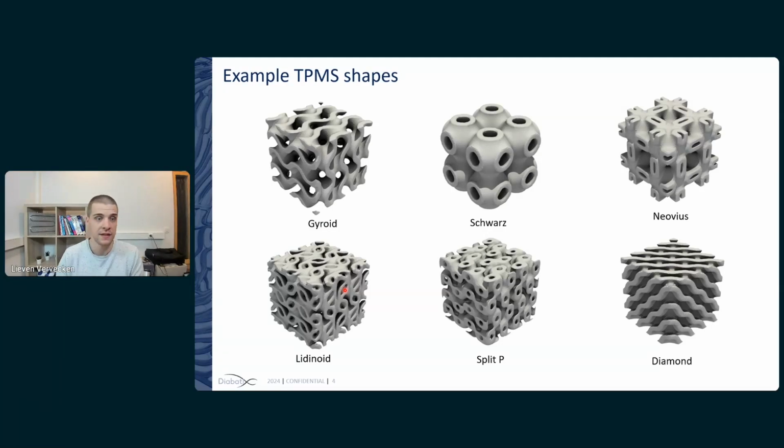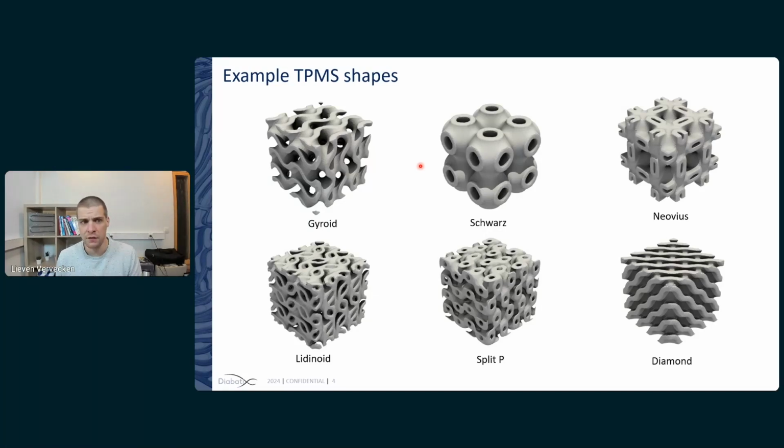And they heavily promote mixing. As you can see, these shapes are not a continuous structure. They don't follow the fluid flow. They basically break up the boundary layer, which allows for mixing, which, as we all know, is very good for heat transfer. And they have a high surface to volume area, meaning that you have a lot of contact area between the solid structure and the fluid. And as you know, contact area is where the heat transfer really happens. So that is, of course, also a plus.